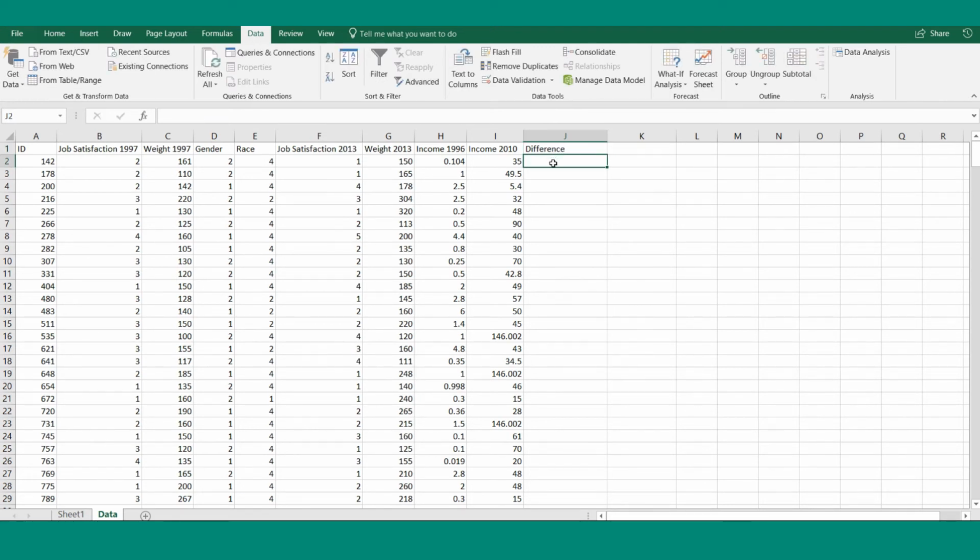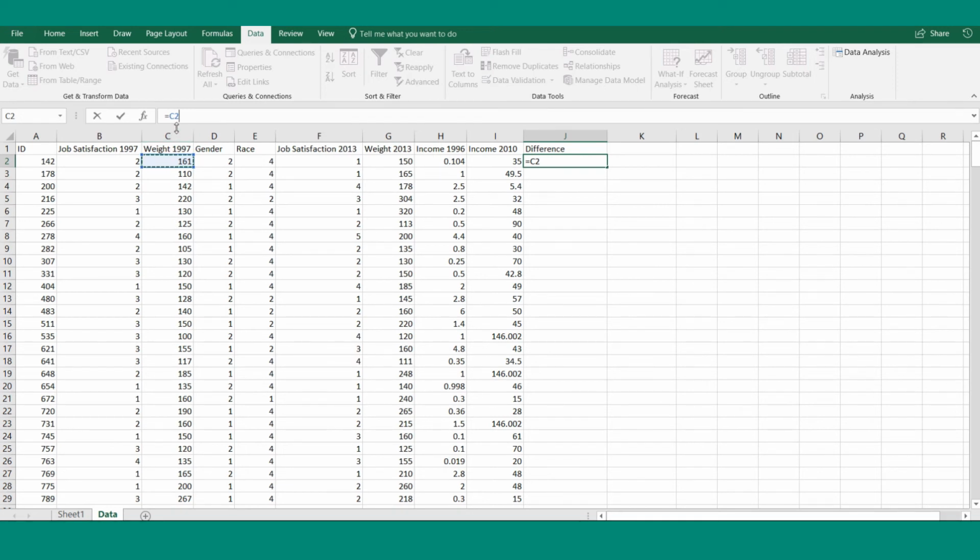Alright, and what I'm going to do is click on the first cell, the second one I guess, but it's the first one after the label, and type equals. And then I'm going to click on the first weight in the first year, and I want the cell letter and number to pop up for me.